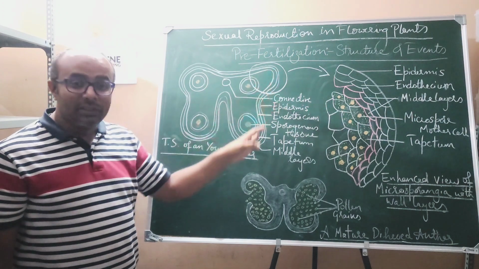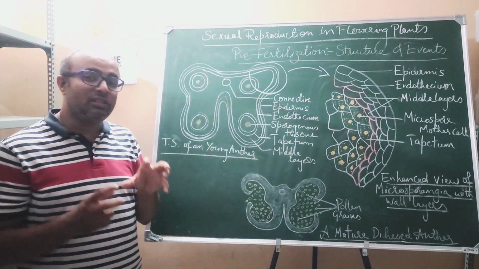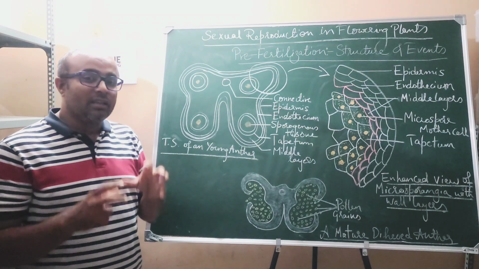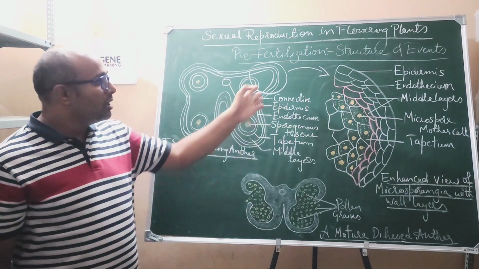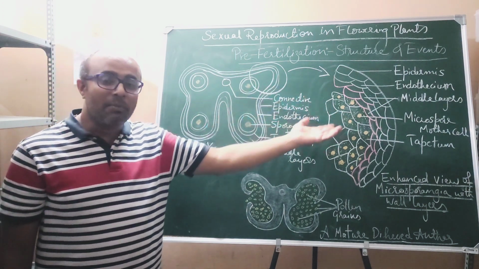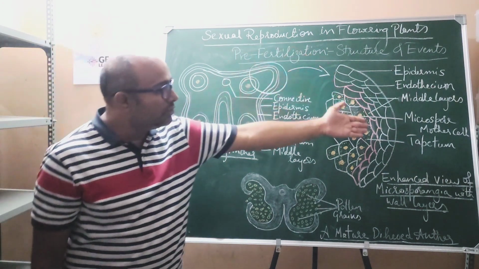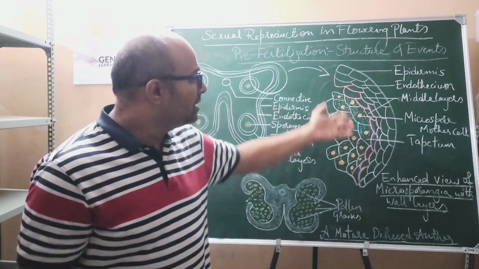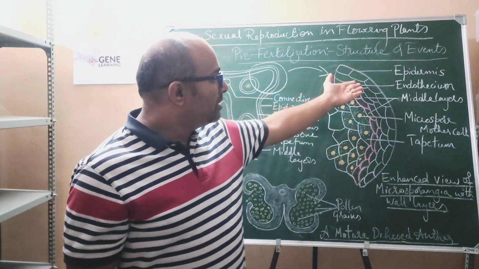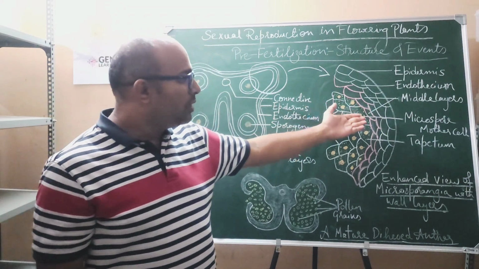The function of the three layers surrounding the microsporangium is that they help in protecting the microsporangium, and also they help during the time of dehiscence. Now let us look at the enhanced view of the microsporangium.